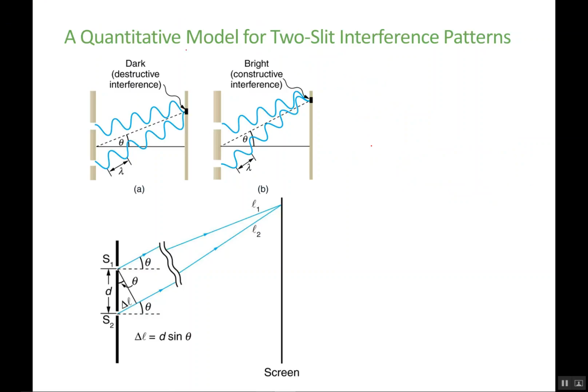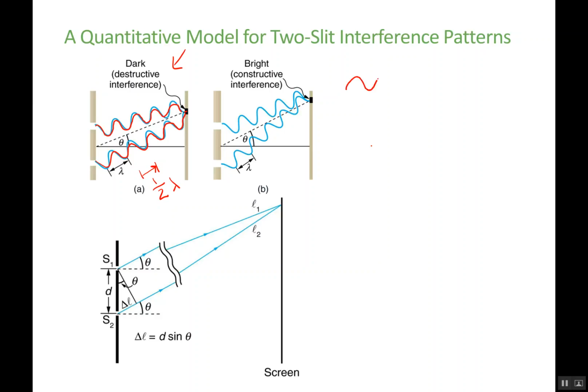Well, what about the dark spots in the pattern? At those spots, the wave from one of the slits traveled a different distance compared to the wave from the other slit, but the path length difference in this case is exactly half a wavelength.